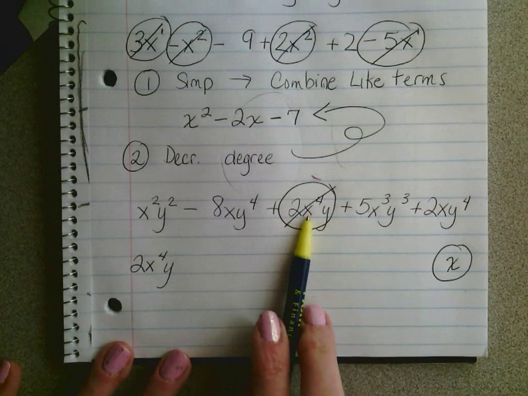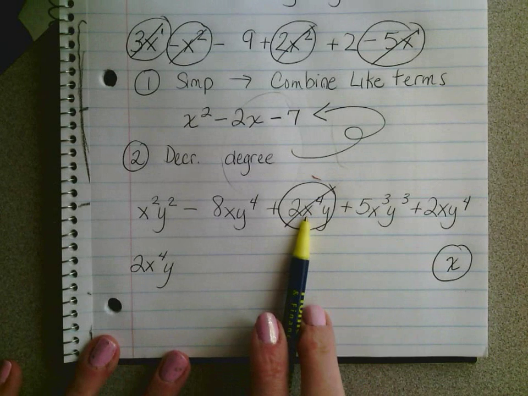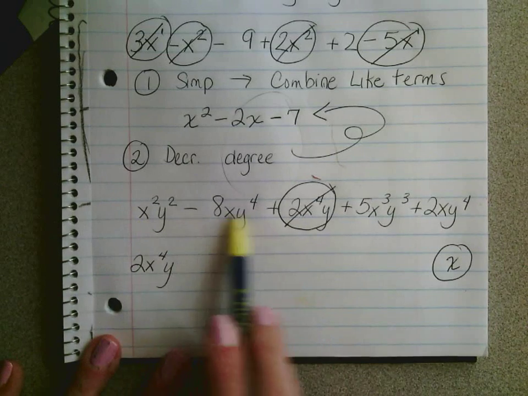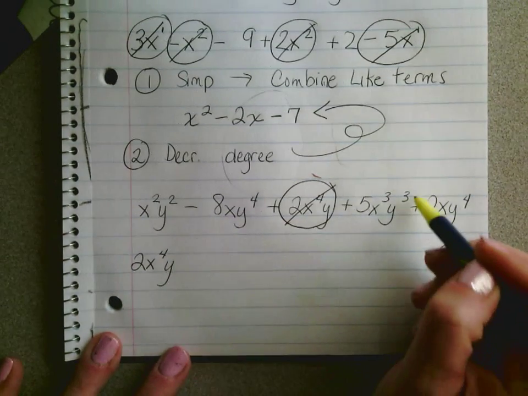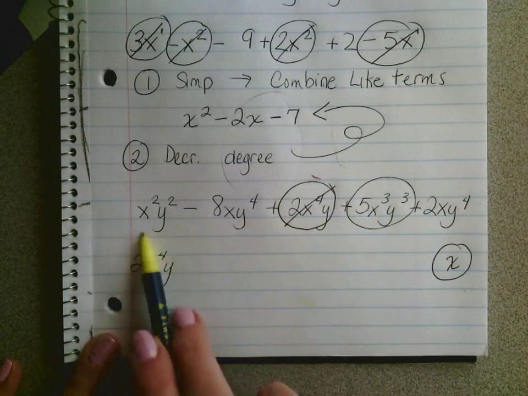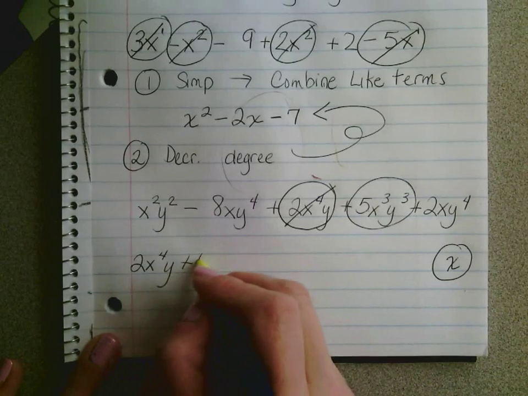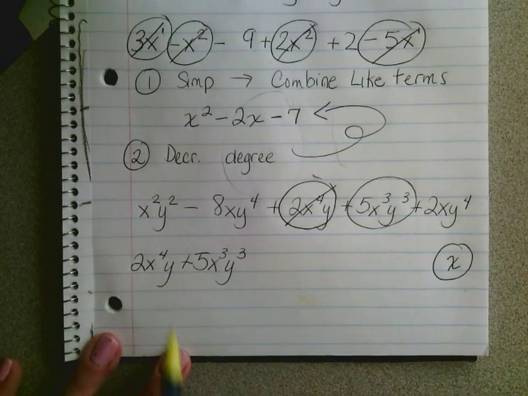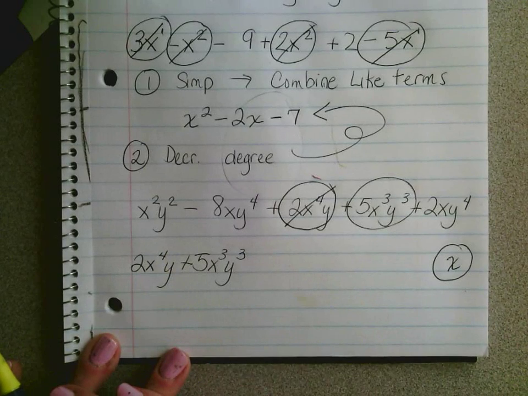Since x4 came first, I would postulate that x3 comes second. Would you agree? x2, x3, there we go. Is there anything we can combine x3, y3 with? Nope. So x3, y3 is separate from x4, y.